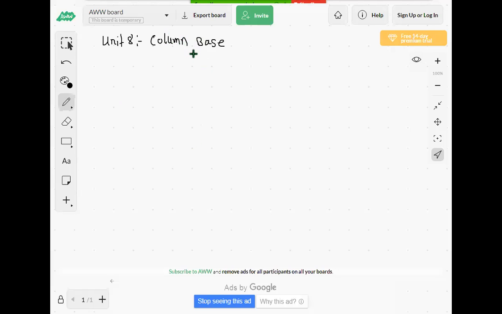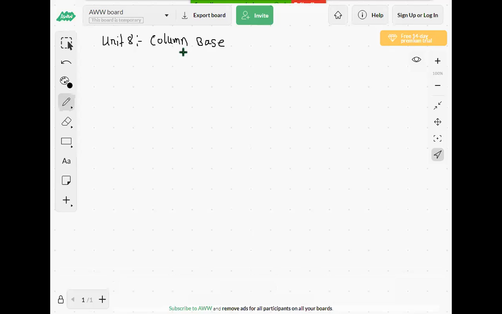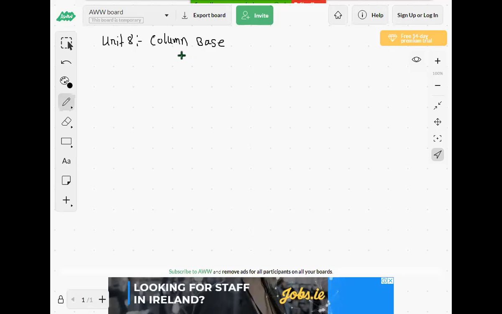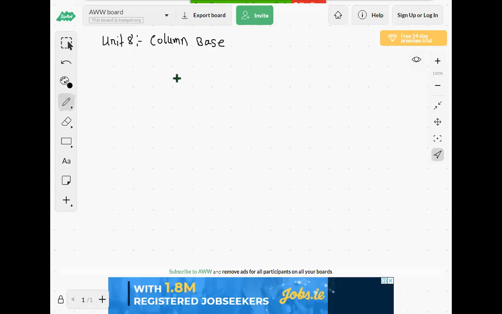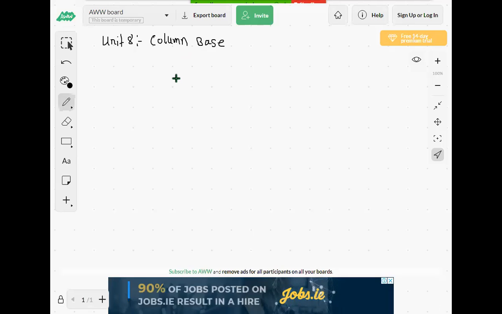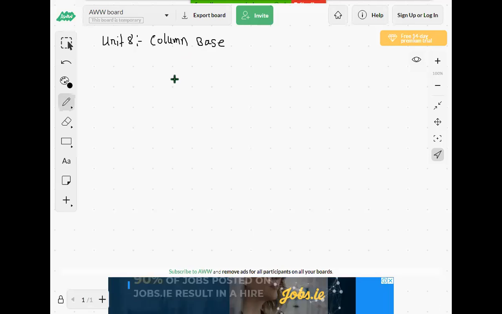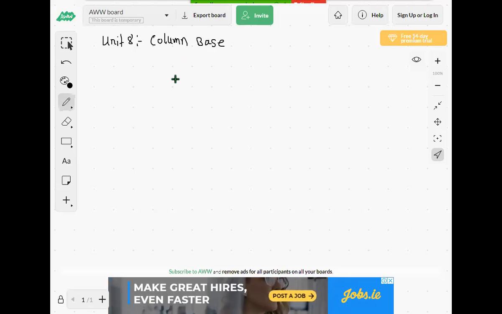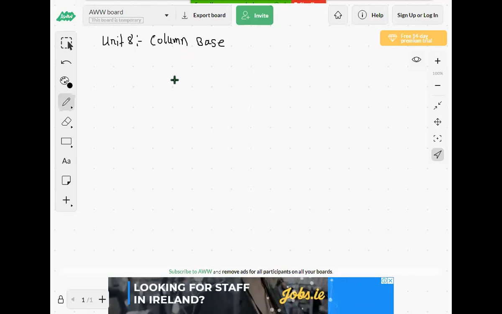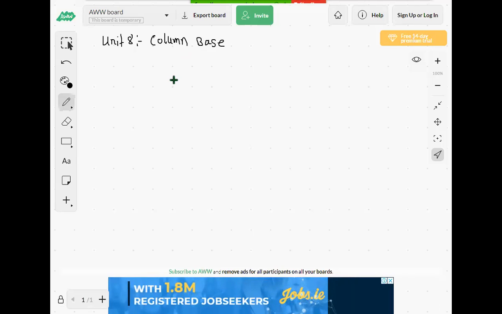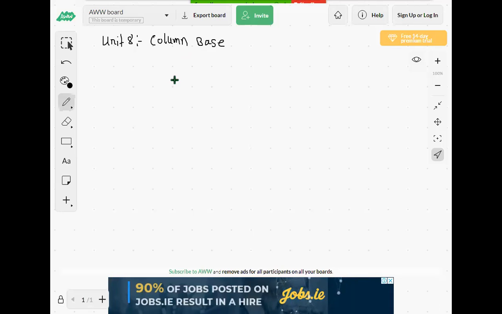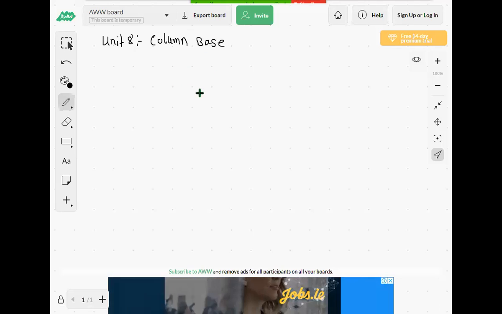So before that, I have told you the definition of the base plate or column base: the load transmitted by the column on the concrete pedestal through an attachment provided in between the column and concrete pedestal is called a bearing plate or base plate. That is the column base.